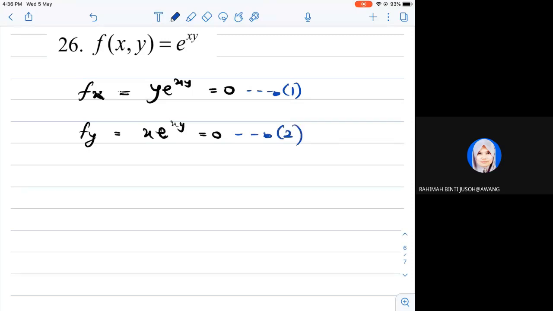Okay, secara logiknya guys, you nak solve simultaneous equation ni, of course lah, when y exponent xy equals to 0, so y equals to 0 lah kan? Yang ni pun sama, x exponent xy equals to 0, you bahagikan 0 exponent tu, thus you dapat x equals to 0 lah.